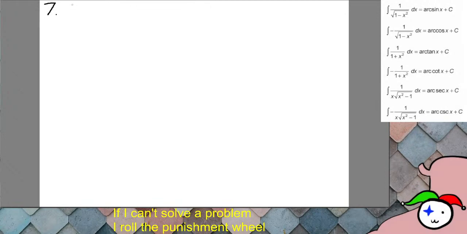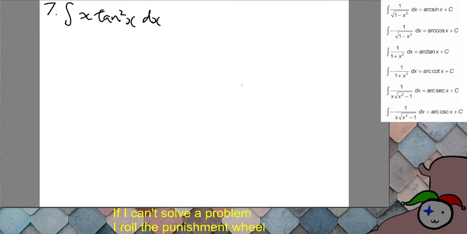Alright, next one. We have x times tan squared of x dx. One thing is to expand tangent, which again I can't remember, so let's just write it out just in case I make a mistake again.